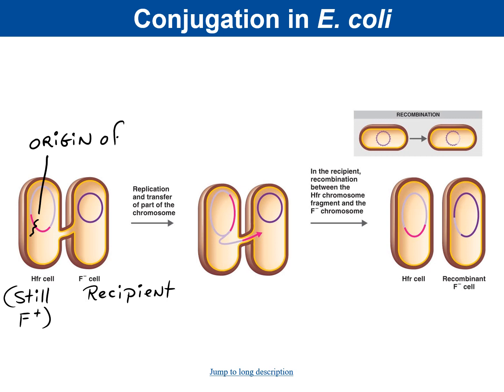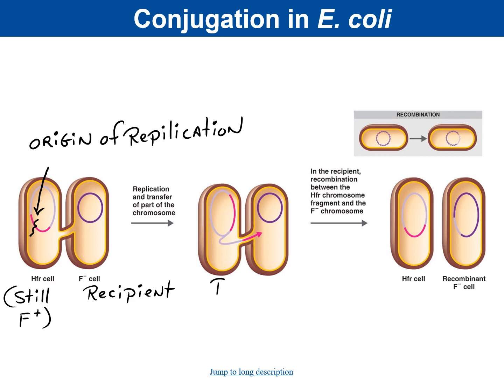And in this origin of replication, it's then making it difficult to highly unlikely that all of the F factor will be copied over. And you might be wondering why that would happen, but we don't always know. So it's just something that's observed to happen, is the HFR cell will cut in the middle of the F factor there at the so-called origin of replication, and then begin to copy over DNA.